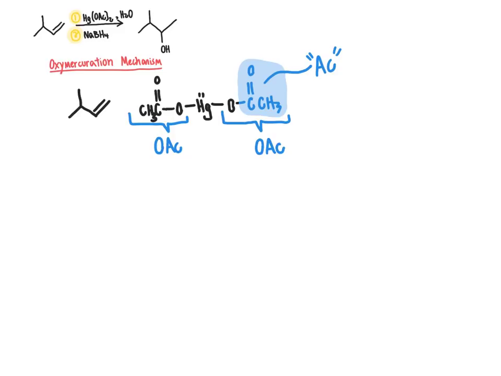So what's going to happen here is that mercury is our metal. So it is pretty deficient in electrons, and it is going to be attacked by the pi bond from our alkene. So the pi bond comes over, attacks the mercury atom, and that causes the oxygen-carbon bond to break.